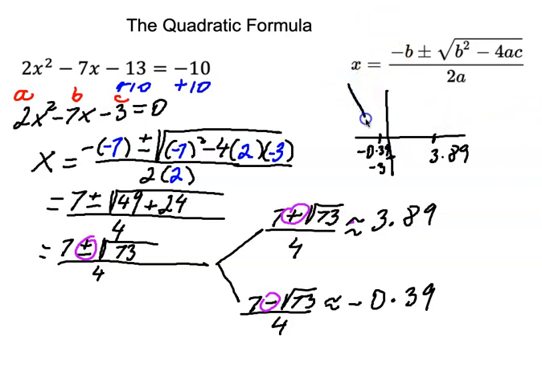We would graph it so that it goes through the x-intercepts. Let's say this is 3.89 and here is negative 0.39. How do I know that negative 3 is the y-intercept? Well, if you substitute 0 for x, the y is going to be negative 3.